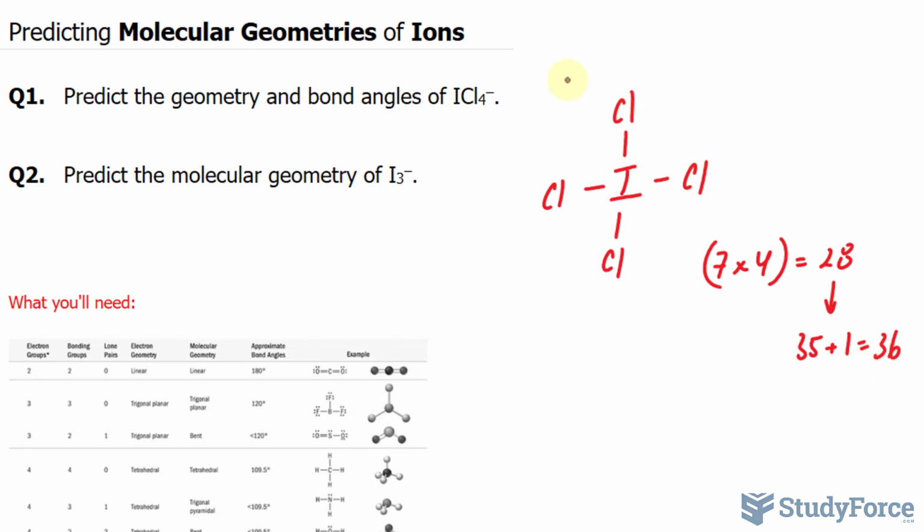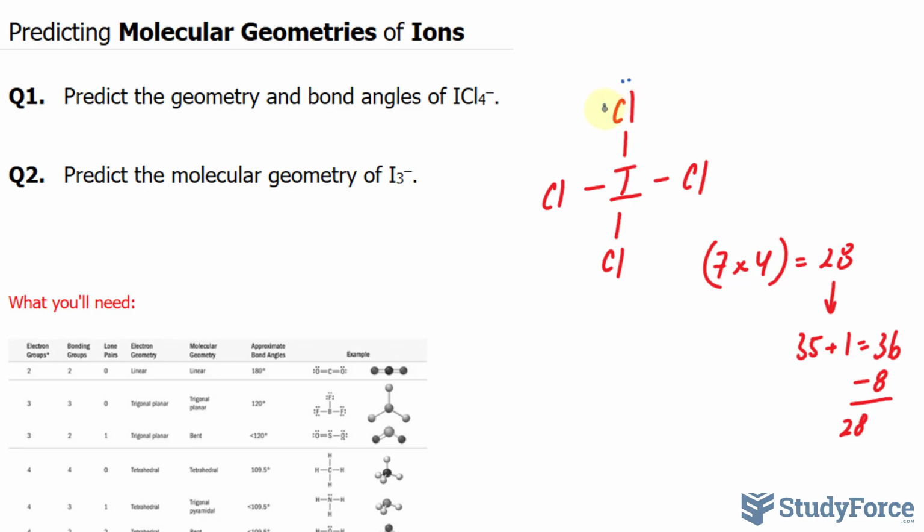According to the structure that we've drawn so far, we've used up 1, 2, 3, 4 times 2. That means 8 electrons. Subtracting 8 from this total gives us 28. So we have 28 electrons to work with, and we'll spread them around this molecule, starting with the peripheral atoms.